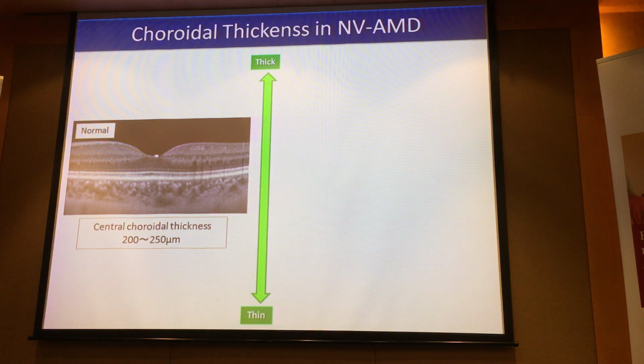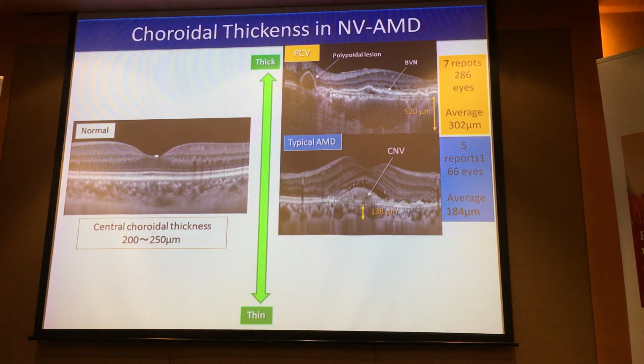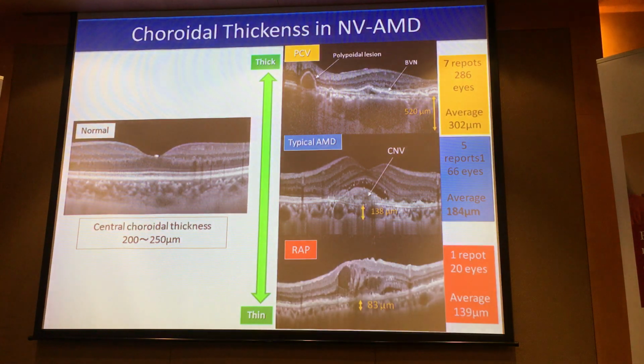There are three types of neovascular AMD. PCV has the thickest choroid of the three types, and typical AMD is a little bit thinner than the normal range. And RAP is very thin. It has a very weak choroid.